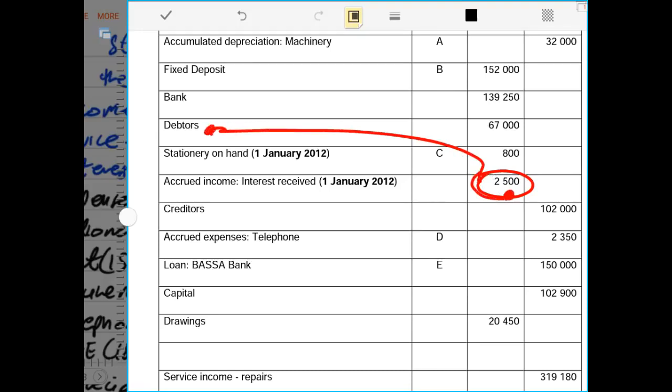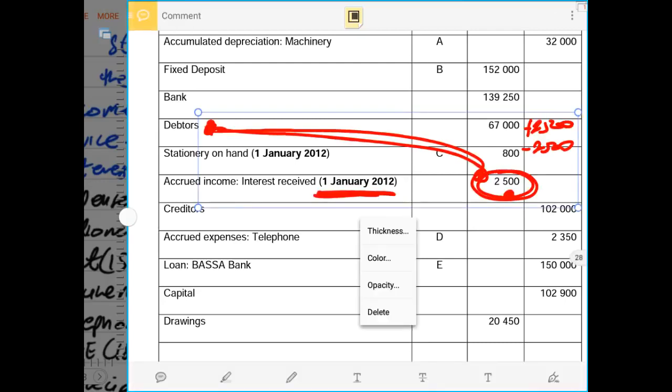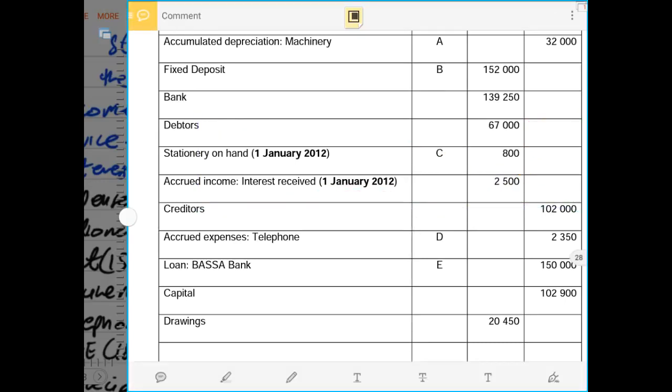This amount was accrued in January, and by the beginning of January this was a debtor. So if you want, you can first add this in our debtors and you say 2,500, and when you make a reversal you say minus 2,500. At the end it makes no difference, you get the same thing. So now I'll decide not to add any of that in our debtors.